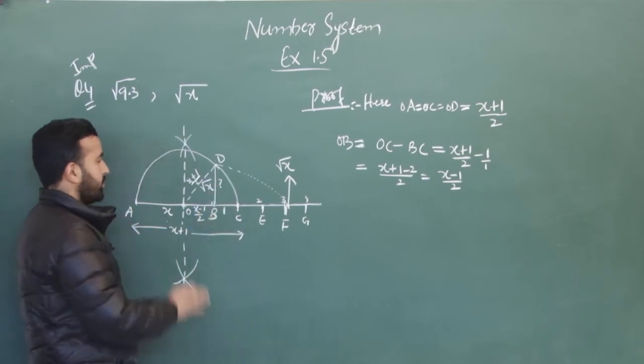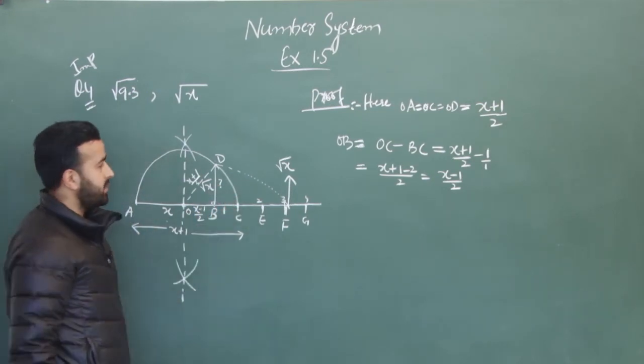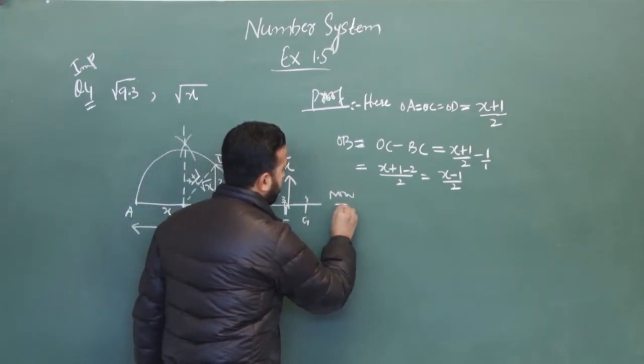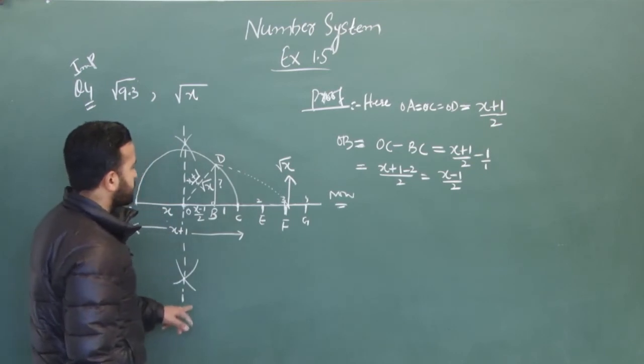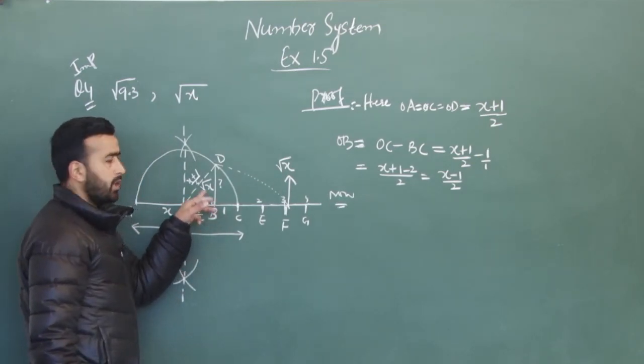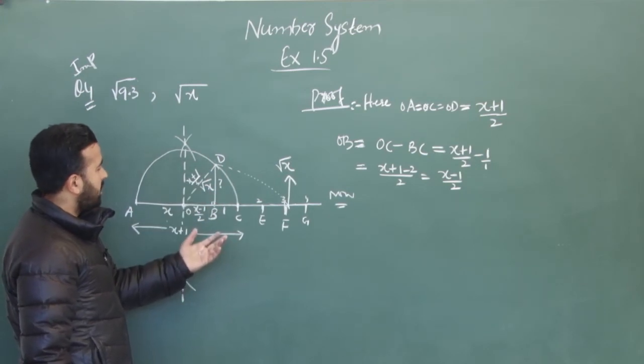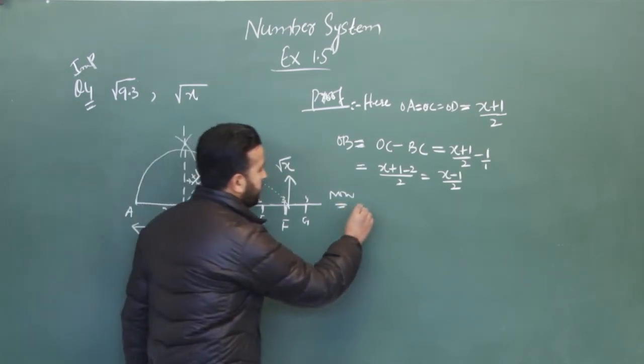Now we know two sides, we can get the third side, that is BD. If we use the Pythagoras theorem in this triangle, hypotenuse square equal to base square plus perpendicular square. Using that theorem, we can find the value of BD.